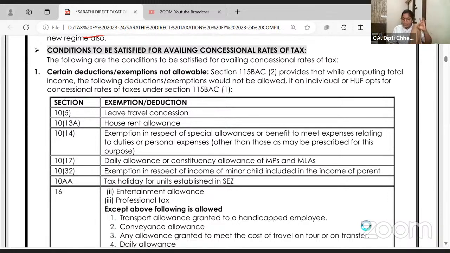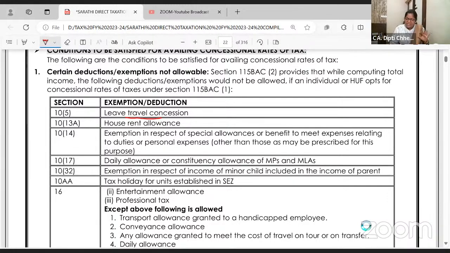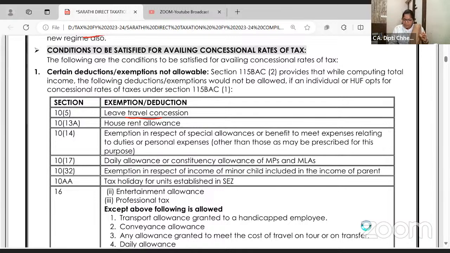Now, what will not be allowed? Leave travel concession will not be allowed if you are opting for the default tax regime. HRA will not be allowed. Special allowances, education allowance 100 per month, hostel 300, you will not get that. Daily allowance to MPs, MLAs as well. In allowances, if you are getting uniform allowance for official purposes, that is deductible in both old and new.